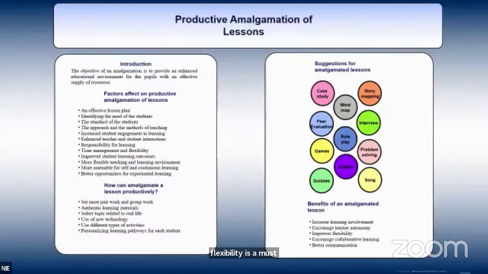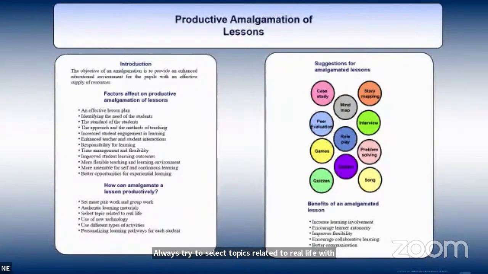Improving student learning outcomes, a more flexible teaching and learning environment, being more amenable to self and continuous learning, and better opportunities for experiential learning are the other factors. How can we amalgamate a lesson productively? Always try to select topics related to real life with authentic learning materials.